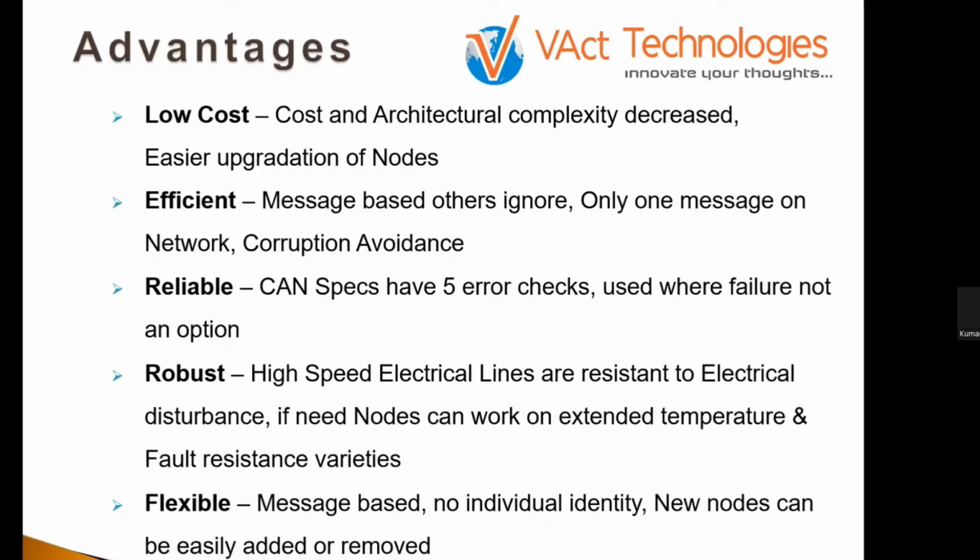So you can easily plug out the old ECU and plug in the new ECU with extended functionality, with more messages, more signals, more things. So it's very flexible. New nodes can be easily added, and if you don't want one, you can remove it. That flexibility is given in the CAN.